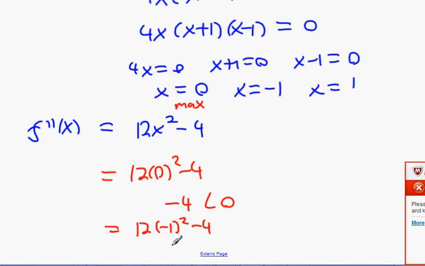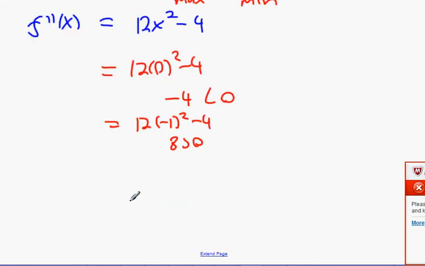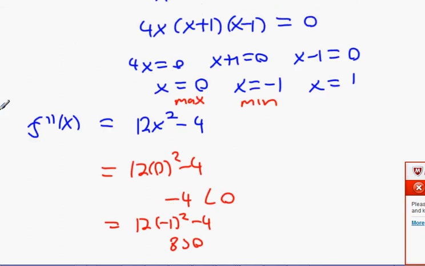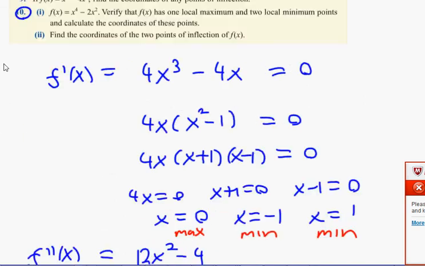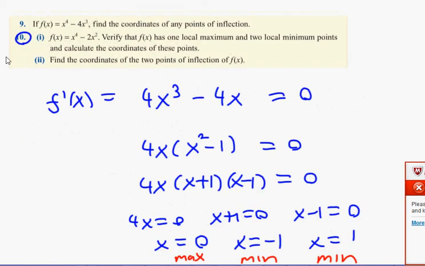That's going to be 8, isn't it? Yeah. 8 is bigger than 0. Min. And then finally the last one. 12 times 1 squared minus 4, also 8, bigger than 0. Therefore it's a min. Have I verified that's 1 max and 2 mins? Yeah. I have.